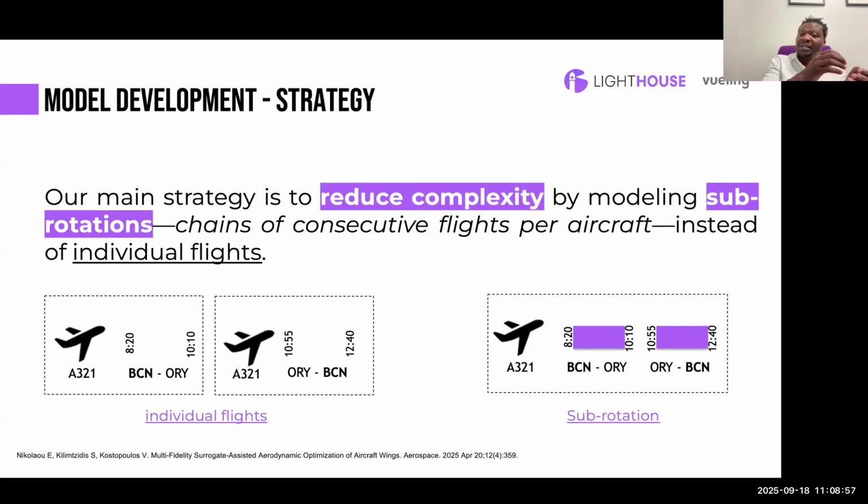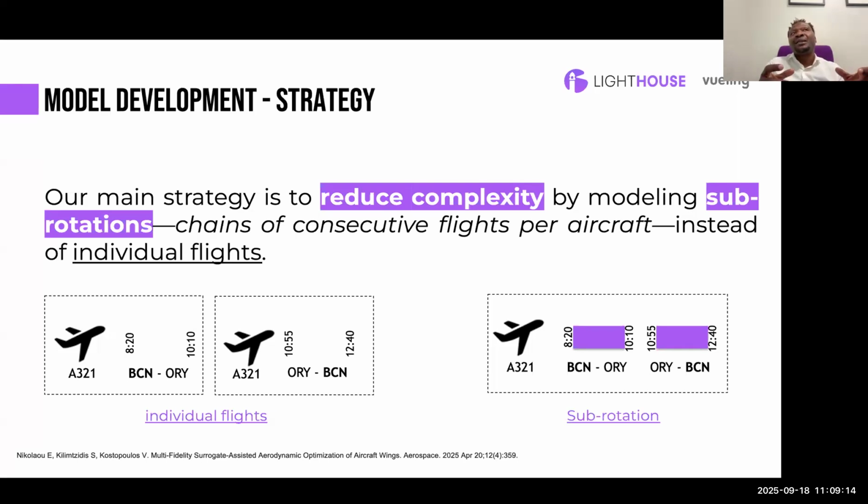How do we do it? Instead of modeling with individual flights that we can see here, we model with a chain of consecutive flights per aircraft that we call a super rotation.